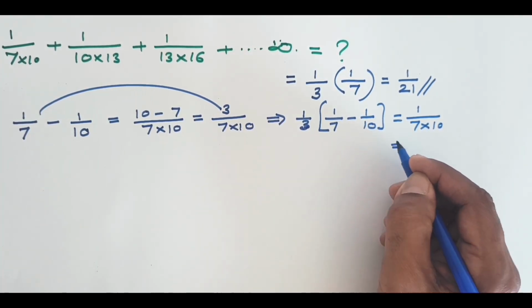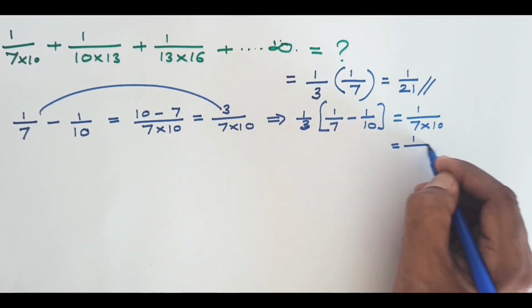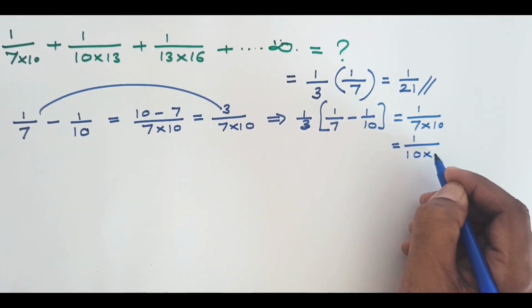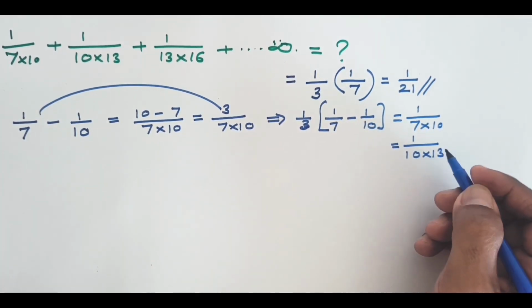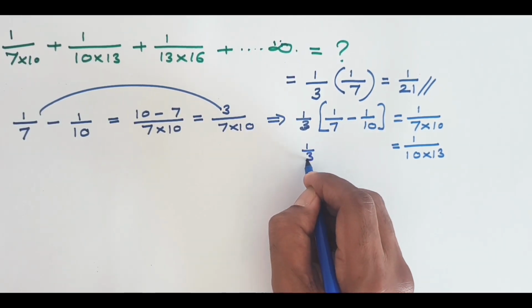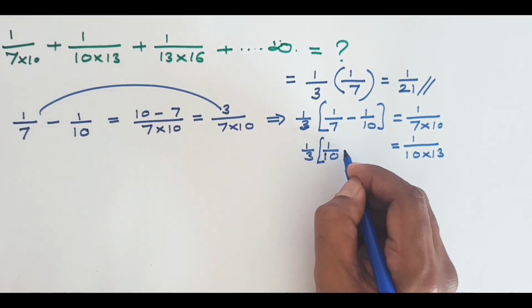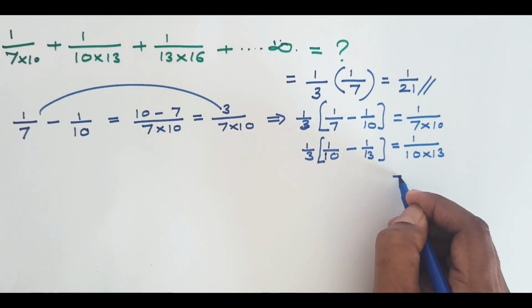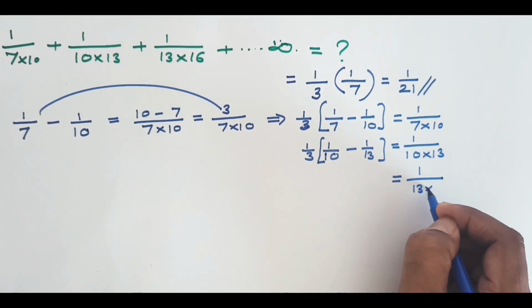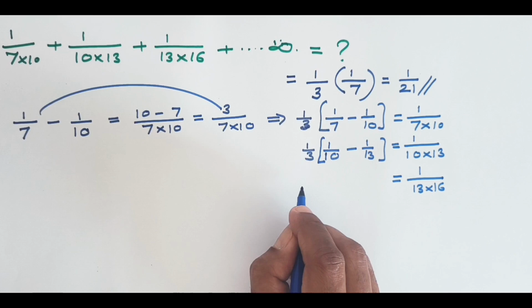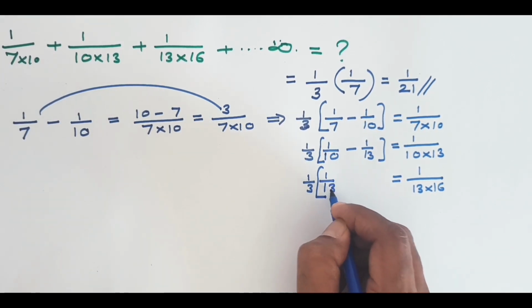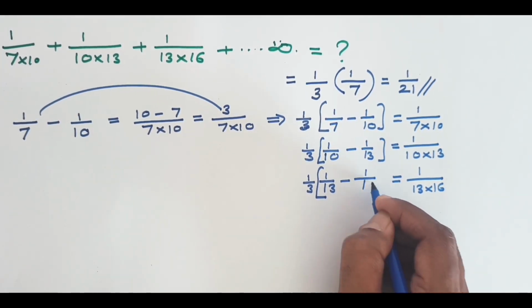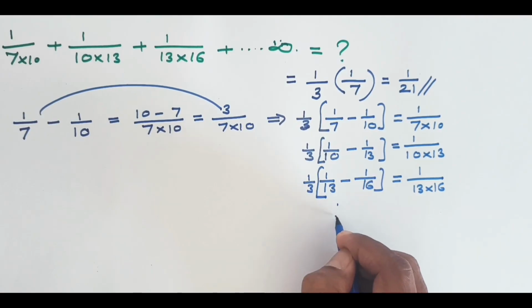Similarly, using the same strategy, the second term, which is 1 over 10 multiplied by 13, you can write like this. 1 over 10 minus 1 over 13. And the third term, which is 1 over 13 multiplied by 16, this would be 1 over 13 minus 1 over 16. And it goes on to infinity.